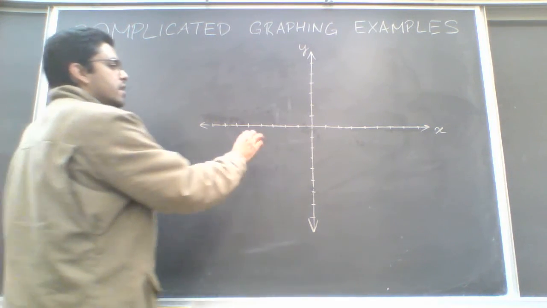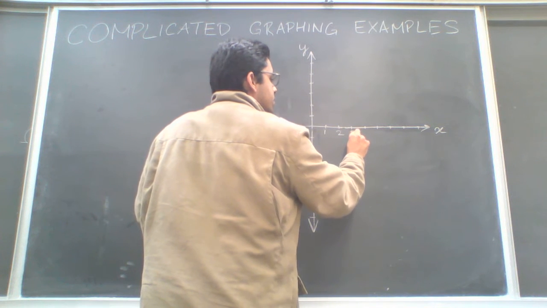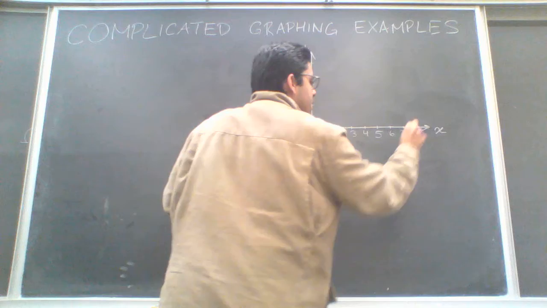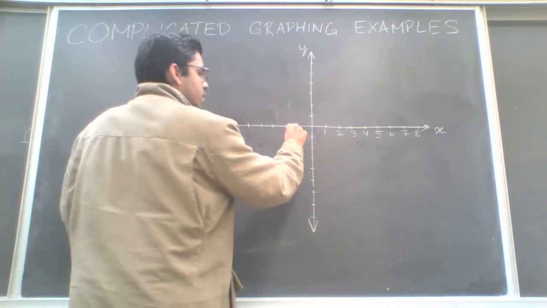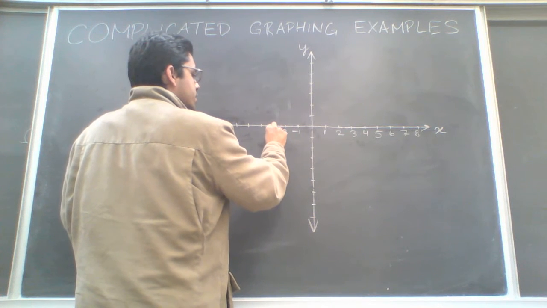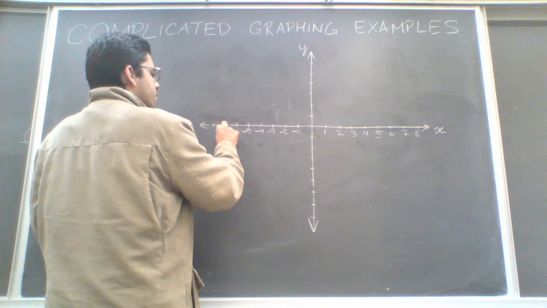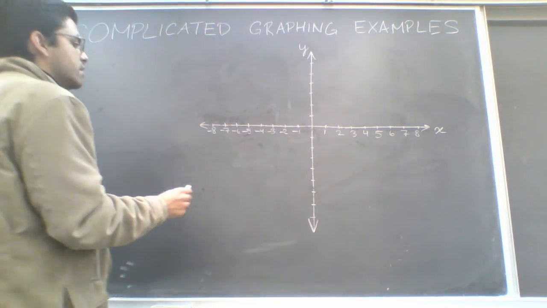So what I've got is, I think I've got 8 going that way. So let's number these off. So we've got 1, 2, 3, 4, 5, 6, 7, and 8 over there. Hopefully that's not too hard for you to read. And then over here we have -1, -2, -3, -4, -5, -6, -7, and -8.